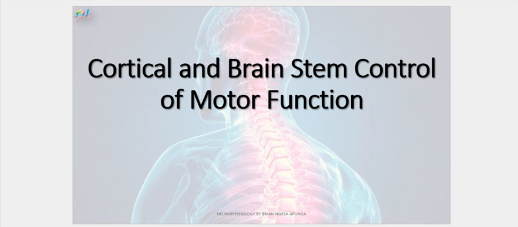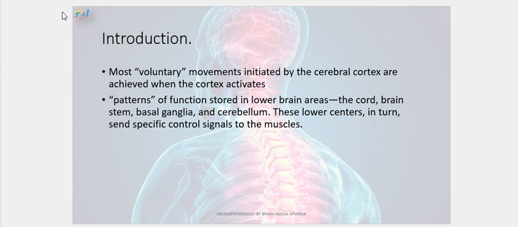This can be largely thought of in two ways, just the way we discussed last time. The voluntary aspect is majorly charged with the initiation of the movement. This is likely to emanate from the cerebral cortex, and it is achieved when the cortex area of the brain is activated, focusing on the motor part of the cerebral cortex.